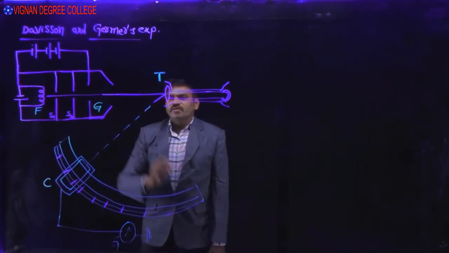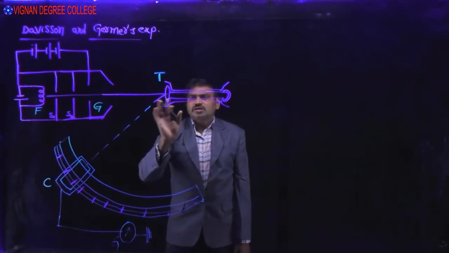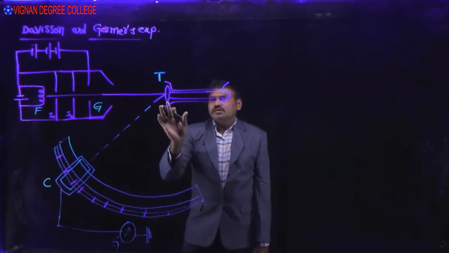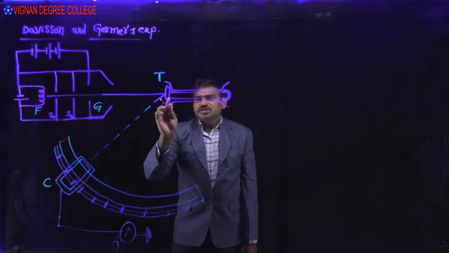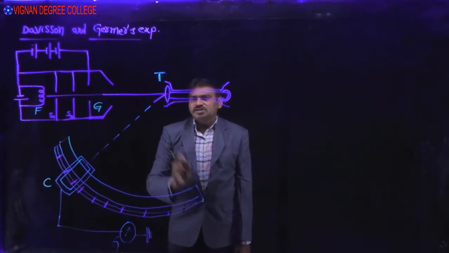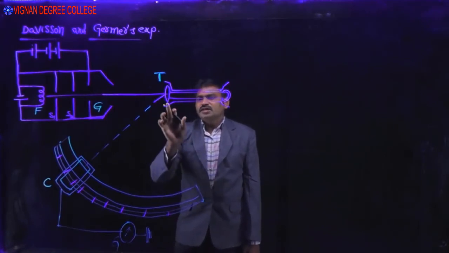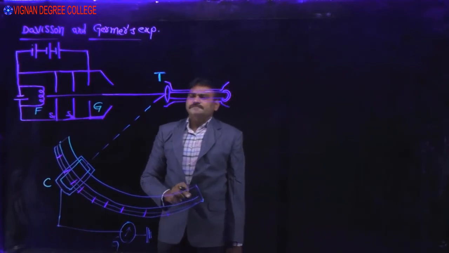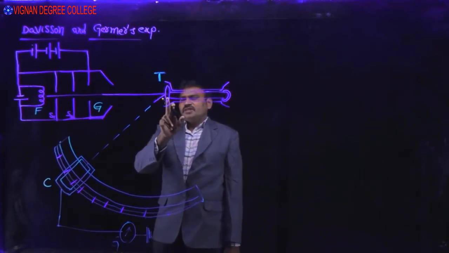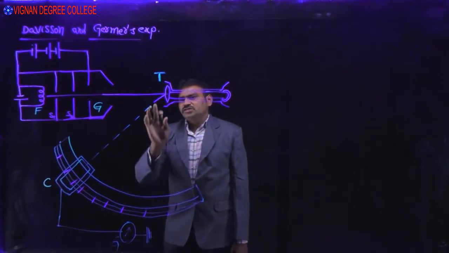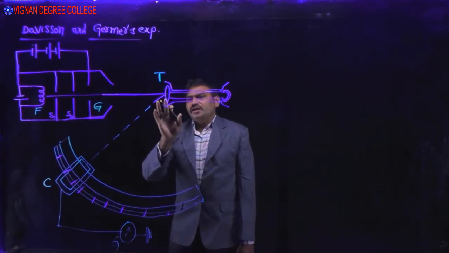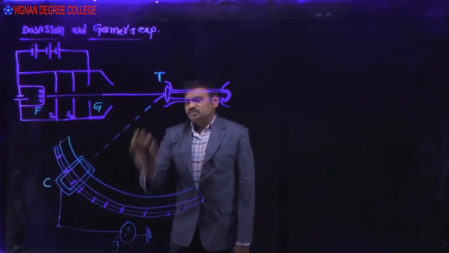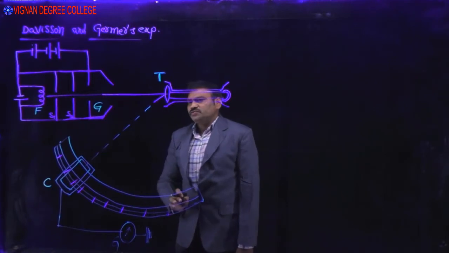This narrow beam of electrons is directed towards the nickel crystal and strikes it. Here the nickel crystal acts as the target. After striking, they are diffracted in all possible directions. That is, the diffraction pattern is formed.